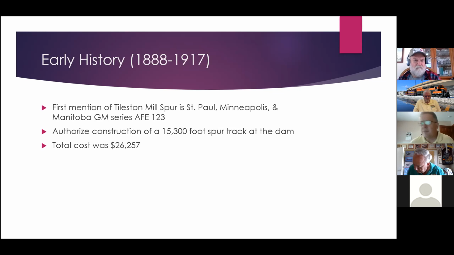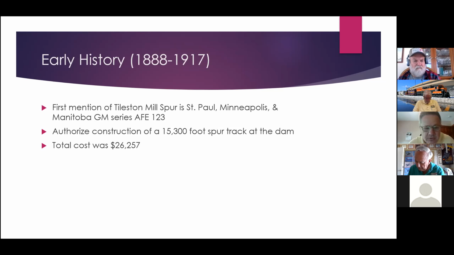The first mention of the Tileston Mill spur was in the St. Paul, Minneapolis, and Manitoba GM series AFEs. It was AFE number 123. Unfortunately, we don't have any of those AFEs. I don't know if they existed anywhere, but all we have is the index. The AFE authorized construction of a 15,300 foot spur track going down to the dam.